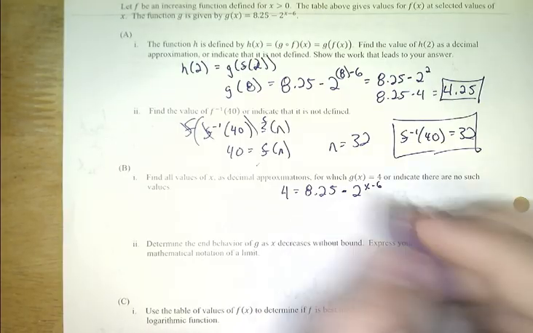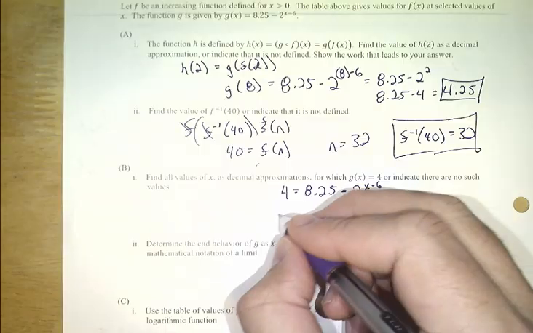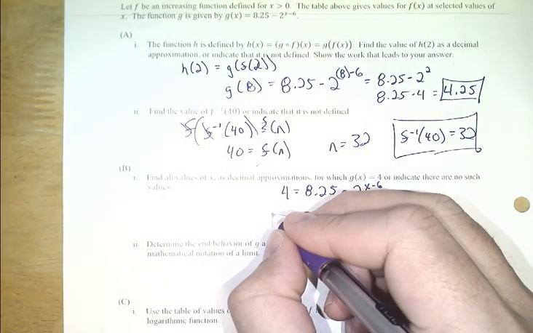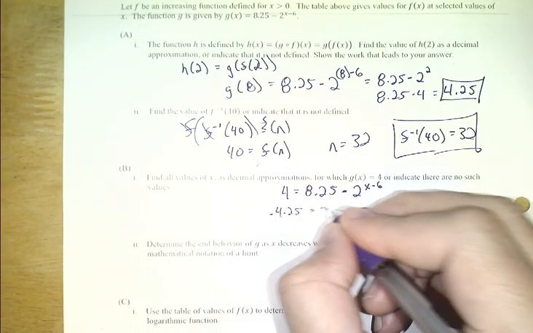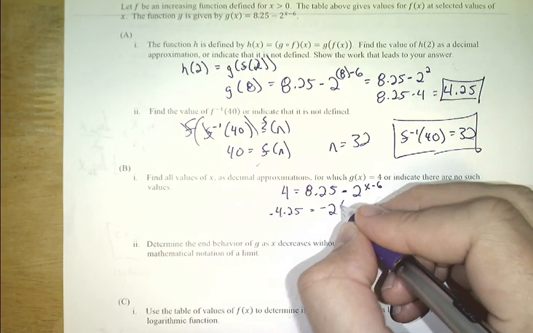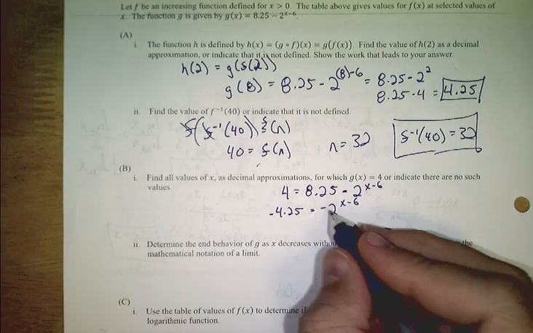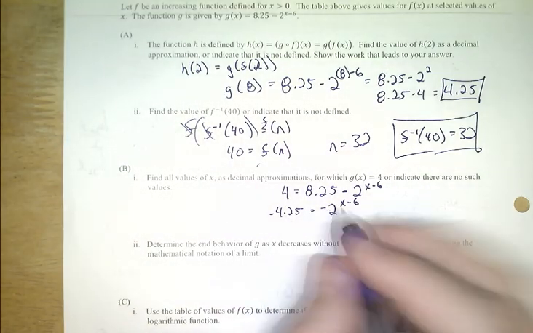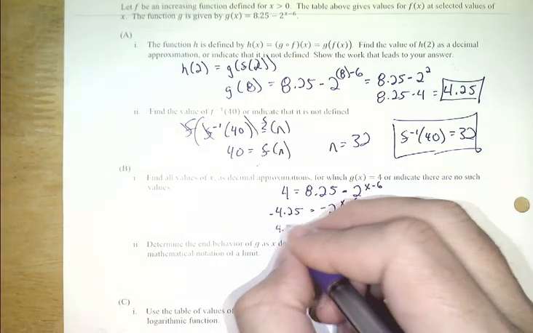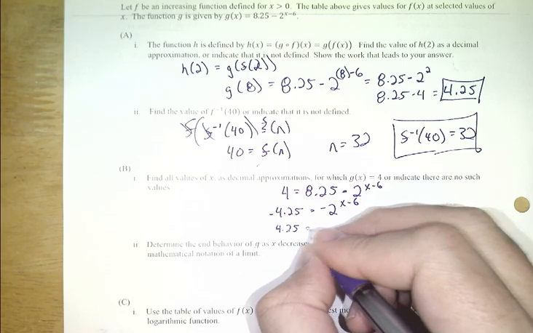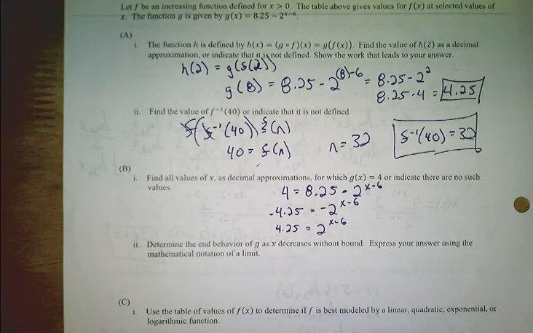So start by subtracting 8.25 from both sides, and you end up with a negative 4.25 is equal to negative 2 to the x minus 6. I still have to get rid of this negative first before I do anything else, so let's multiply both sides by negative 1. So I get 4.25 is equal to 2 to the x minus 6.